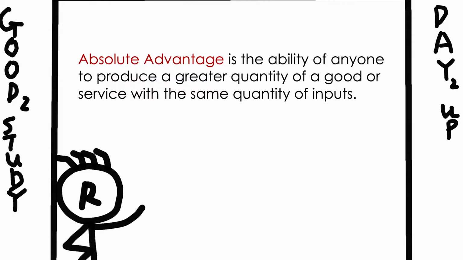So the difference between comparative advantage and absolute advantage is that comparative advantage looks at the output per input, which is the efficiency, and absolute advantage takes a look at the total number of outputs with the same amount of input. Comparative advantage looks at one's opportunity cost to produce something.